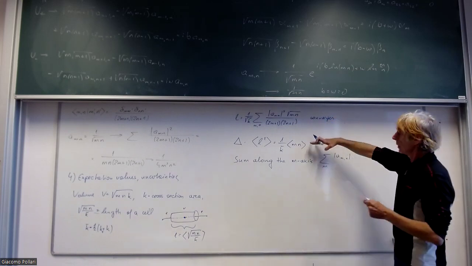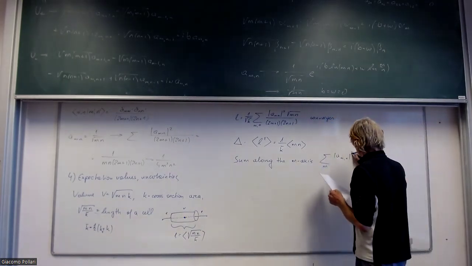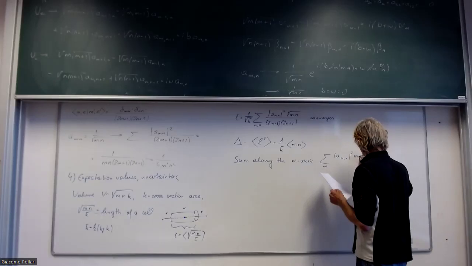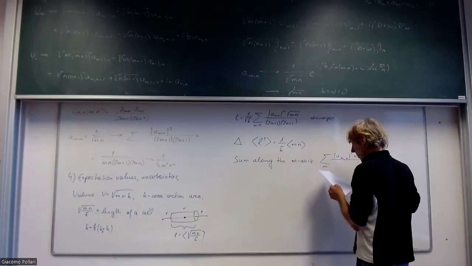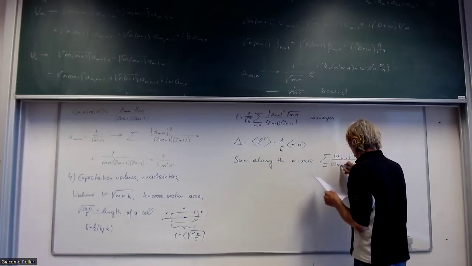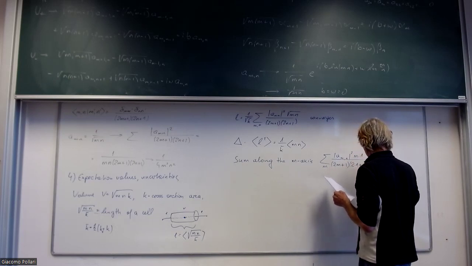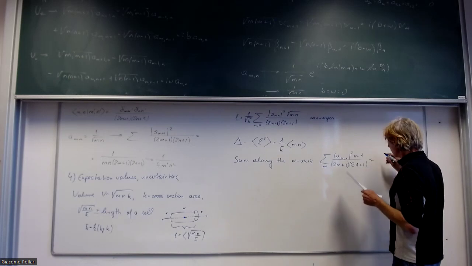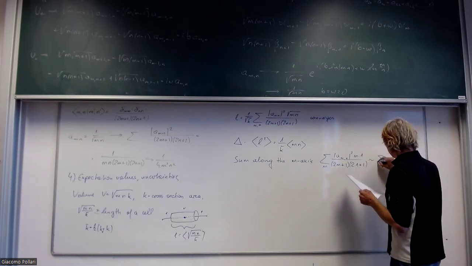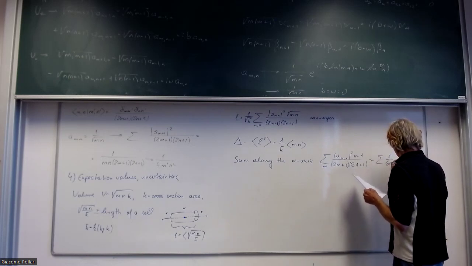This is m times 1, divided by 2m plus 1, 2 times 1 plus 1, and goes for large m like 1 over 6m.